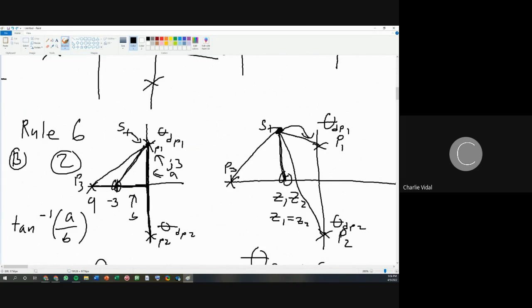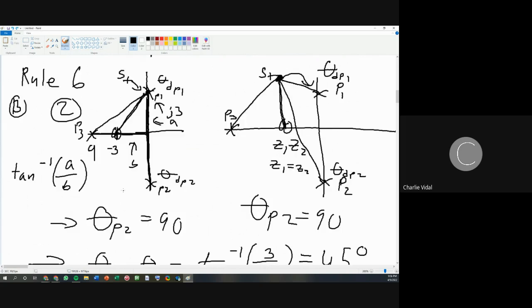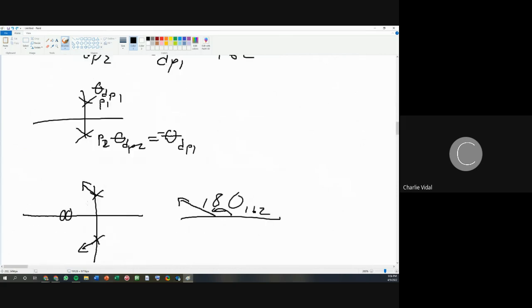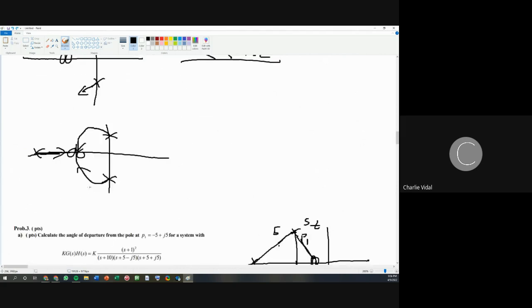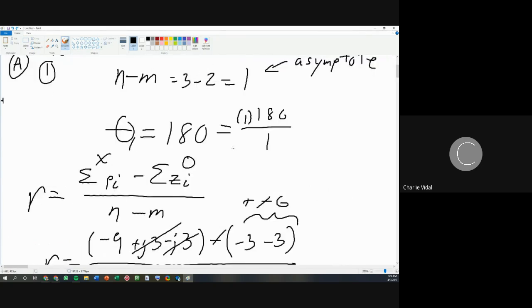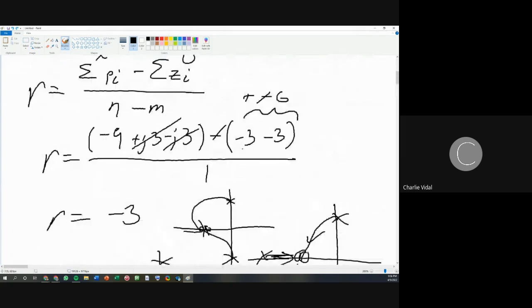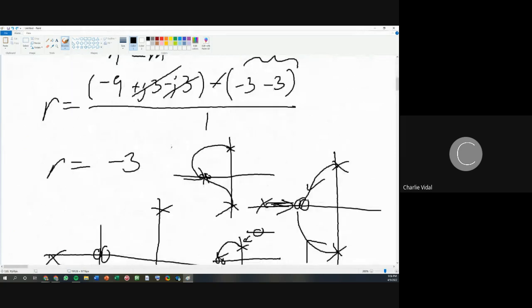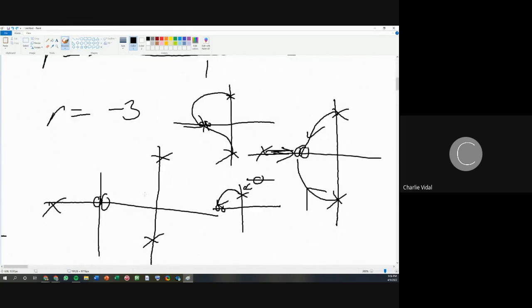And I knew the rule too. I knew that if there were 2 zeros in the same place, that is where it's going to be entering and leaving. But it went completely over my head because I did not draw the graph at first, like I did for you guys, which should be over here. I drew this graph for you guys, and I was like, oh my god, I forgot to draw the graph for myself.